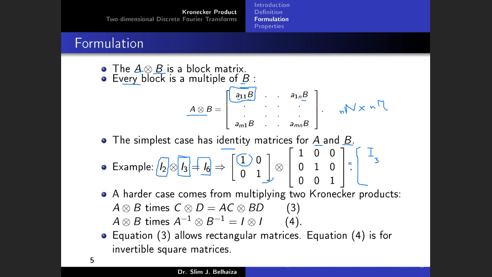And then the 0, which is the next item in the first row of I2, is going to multiply I3. So basically, you get a 0 block. Okay? Then in the second row, you're going to have 0 multiplying I3. So you get 0. And at the end, you get 1 multiplying I3. So you get I3 here. Okay? And as you can see, since I3 has a whole diagonal of 1s, in the resulting matrix you have a whole diagonal of 1s if you assemble them, so you get I6. Okay? And this is maybe the simplest way to see this.